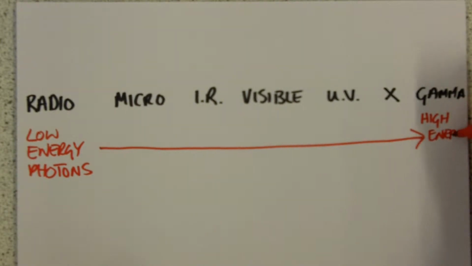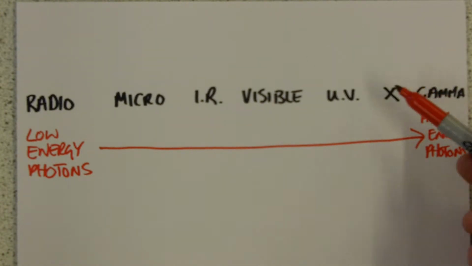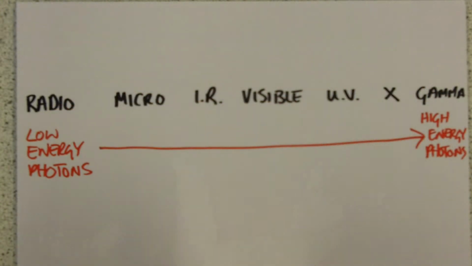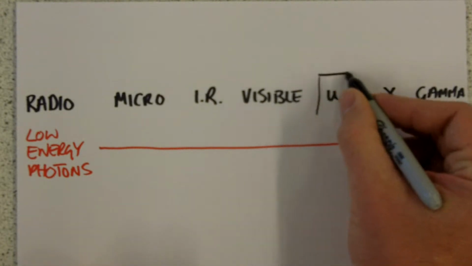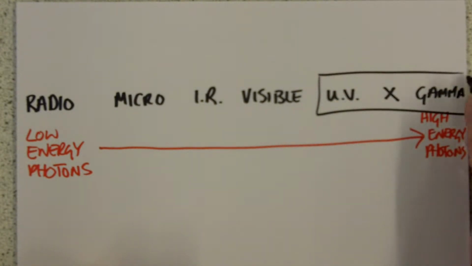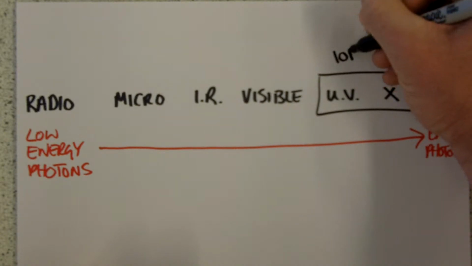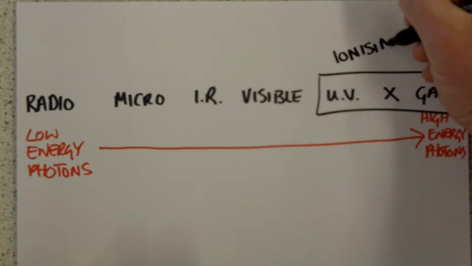Remember, photons are these lumps or packets of energy. Remember, they all travel at the same speed. It's just that these photons will carry more energy than these, than these, than these. Looking at some of the features here, firstly, we encounter this section of radiations, known as ionizing radiations.